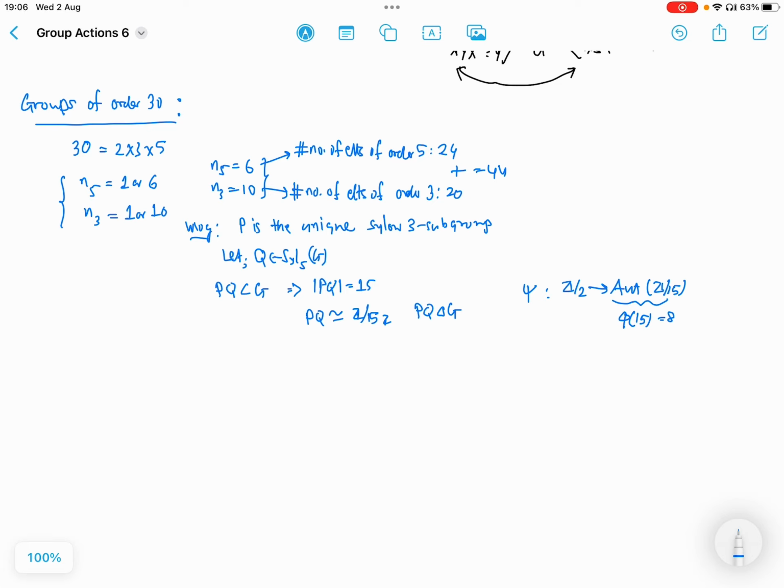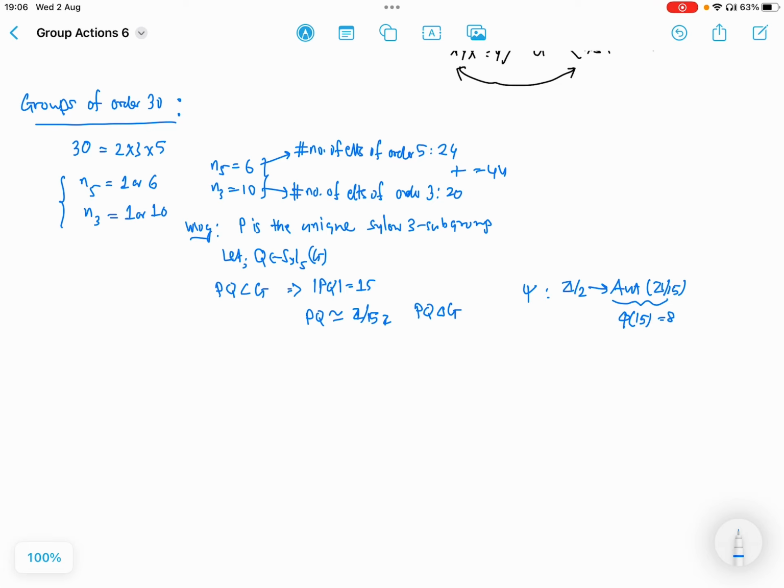So far we have not seen any simple group, apart from those groups of prime order, which by Lagrange's theorem have to be simple. I'm excluding them. We saw that groups of order 12 are non-simple.